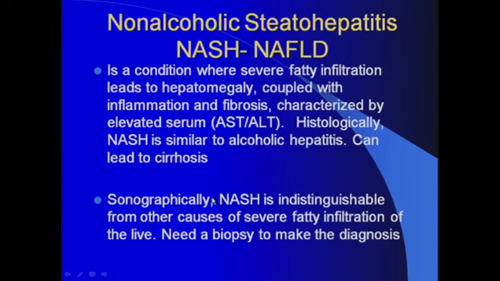However, the diagnosis cannot be made by imaging, and the only way to make the diagnosis is to do a needle biopsy, because you need the histological diagnosis and staging of the disease.